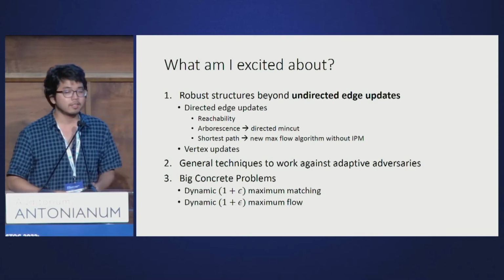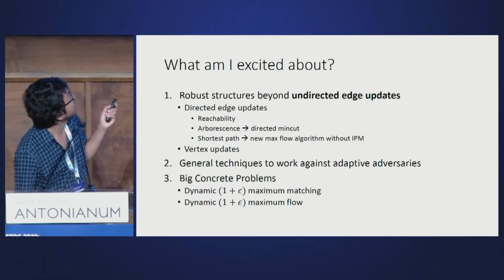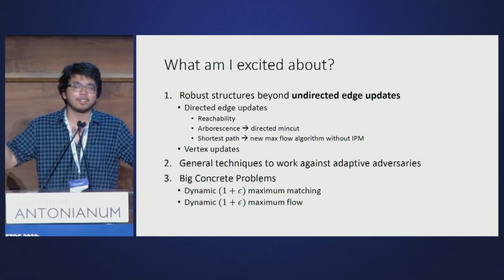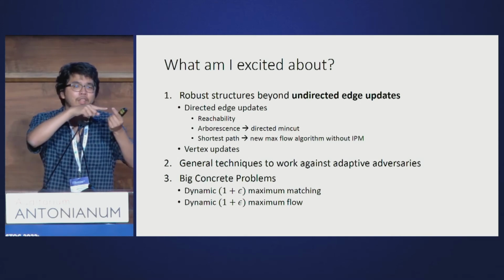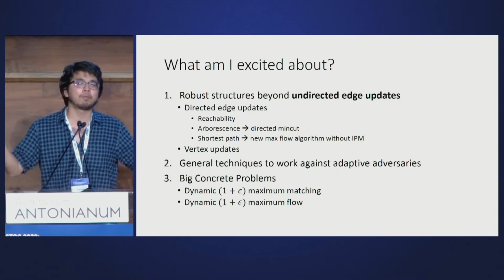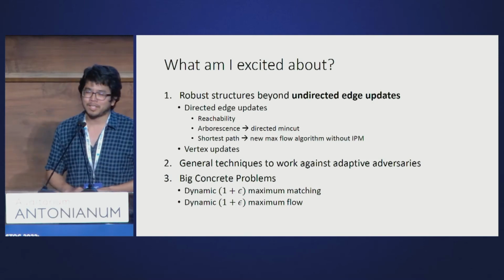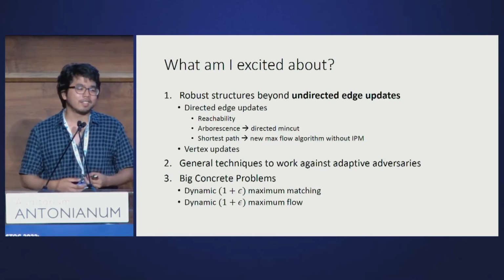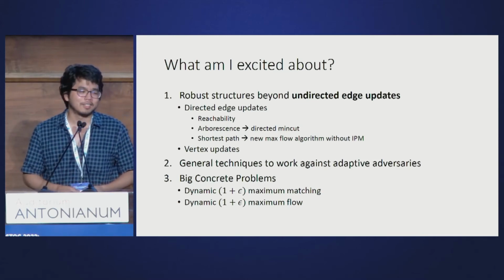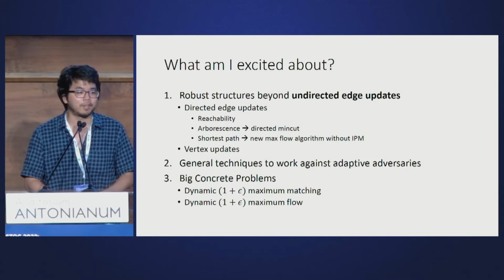So just for example, the reachability problem, where you have a directed graph, and what you want to compute is just whether there is a directed path from S to T. This is a very simple problem, and it turns out that the current state of the art is still not as satisfying as the state of the art in undirected graphs at all.